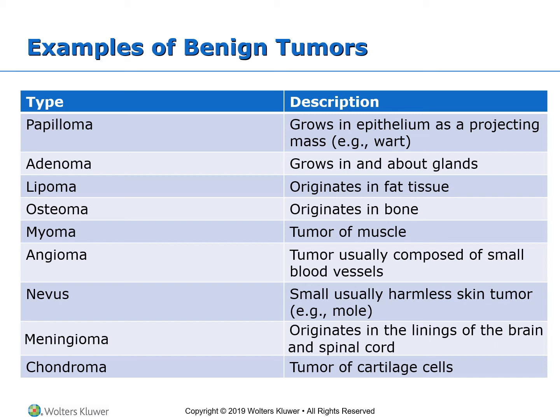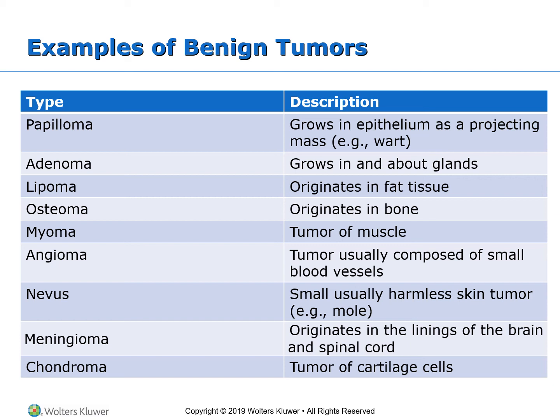Adeno is gland. Lipoma is a benign tumor that originates in the fat tissue. An osteoma is a benign tumor that originates in the bone. A myoma is a benign tumor that originates in the muscle. Angioma originates in the blood vessels. A nevus is usually a harmless type of skin tumor, and an example of that is your regular mole.